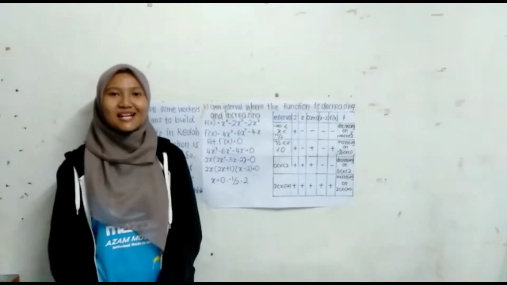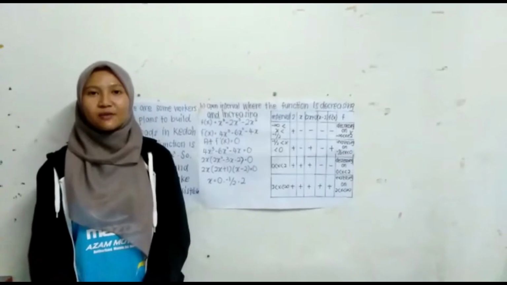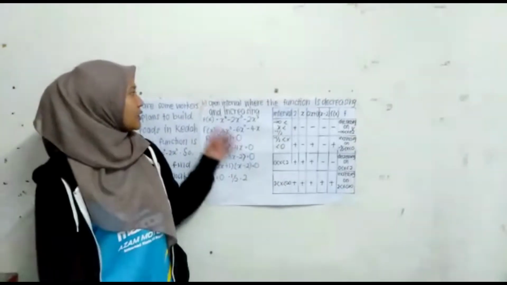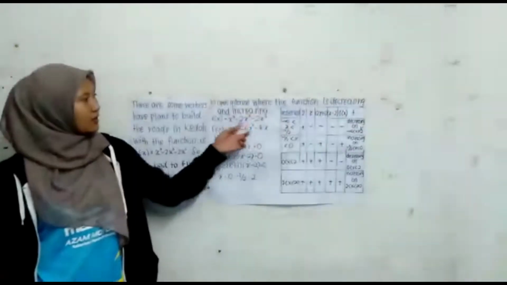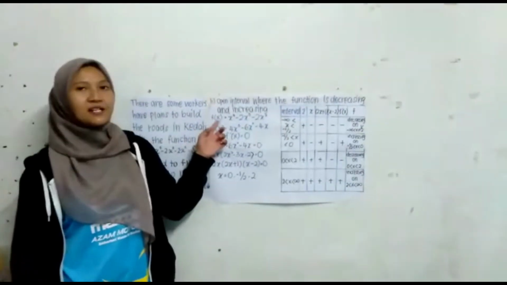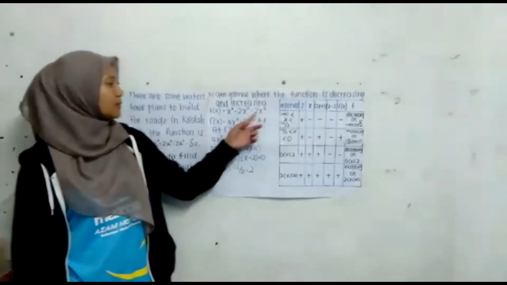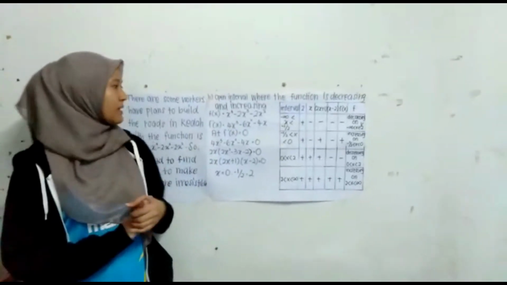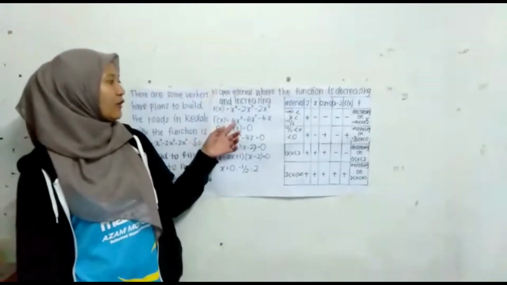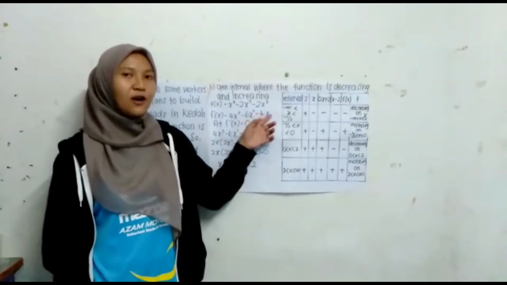Hi, my name is Adriana Binti Zamri Ali and my metric number is 271463. The second question is the open interval where the function is decreasing and increasing. The function is f(x) equal to x to the power of 4 minus 2x to the power of 3 minus 2x to the power of 2. The first step, we must find f prime x, which is 4x to the power of 3 minus 6x to the power of 2 minus 4x.